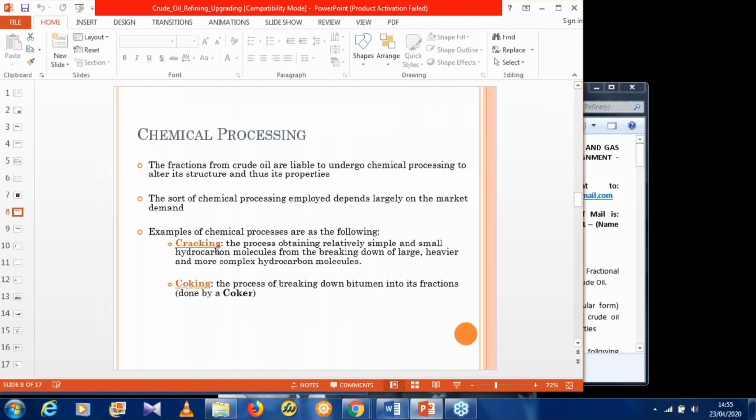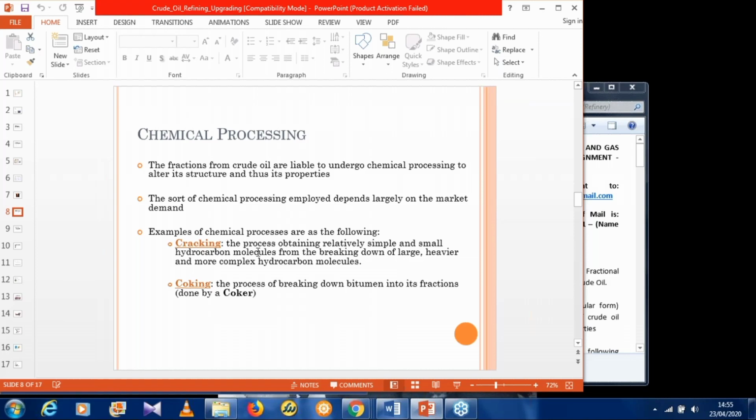Depending on the market demand, we choose any of the processes for it to undergo. So cracking is one of the processes, which I have explained to mean the breaking down of larger, complex hydrocarbon molecules to get smaller molecules.